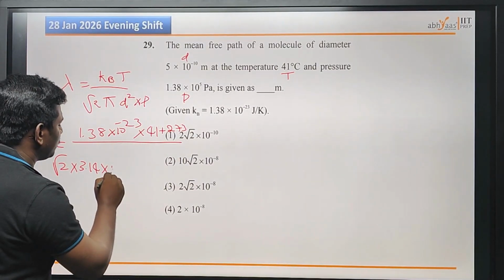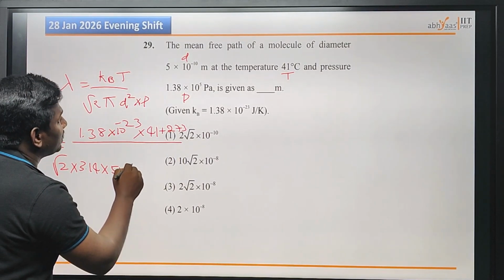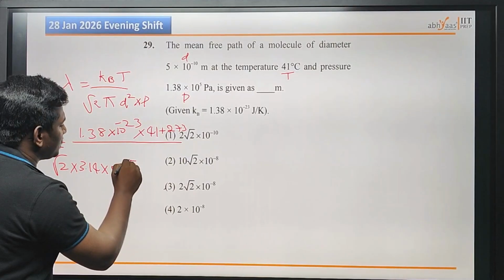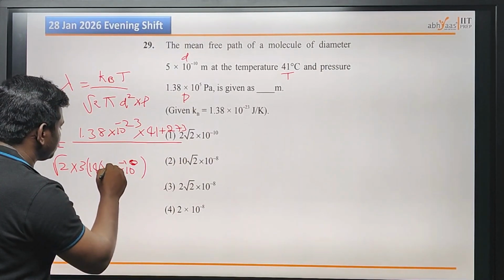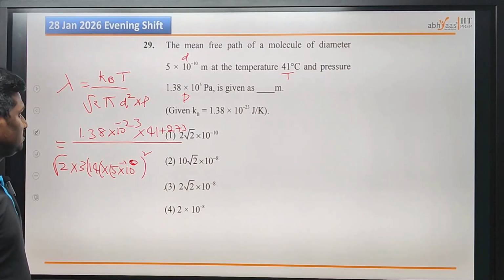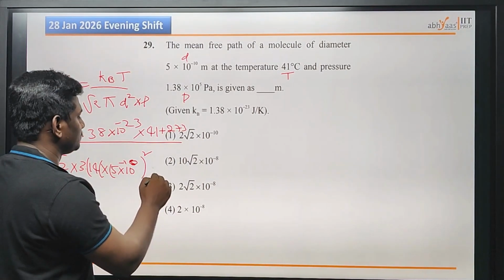The diameter they have given is 5 into 10 to the power minus 10, whole square, into pressure.